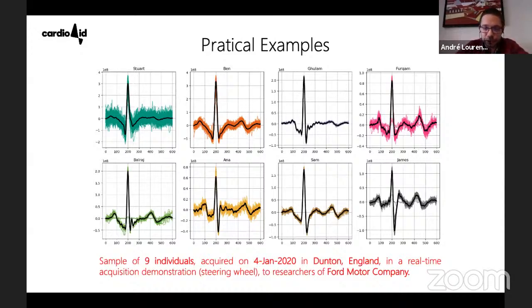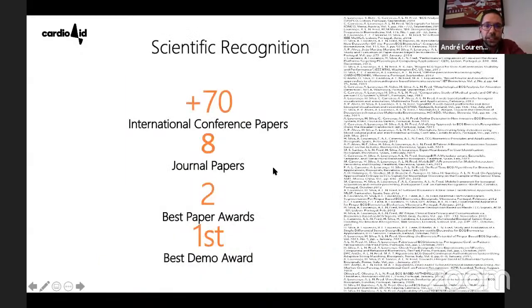These are some examples of ECGs that we acquired at Ford Motor Company when we installed our apparatus in some of their vehicles. Of course, there is a lot of noise, but there is also a lot of information. So here the challenge is how to get the good ECG from this noise.